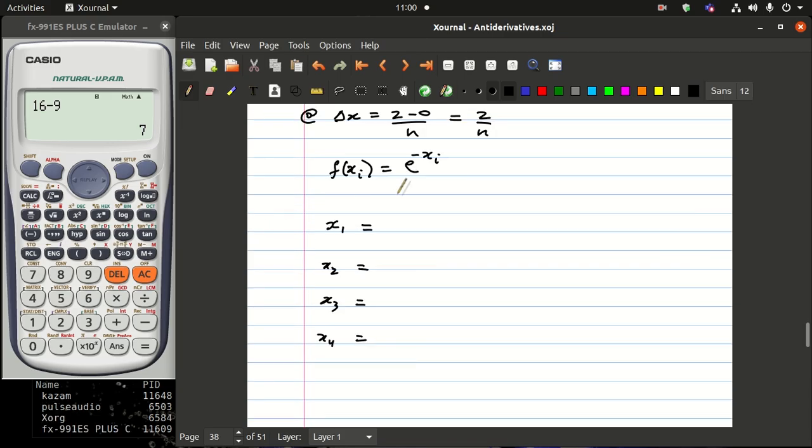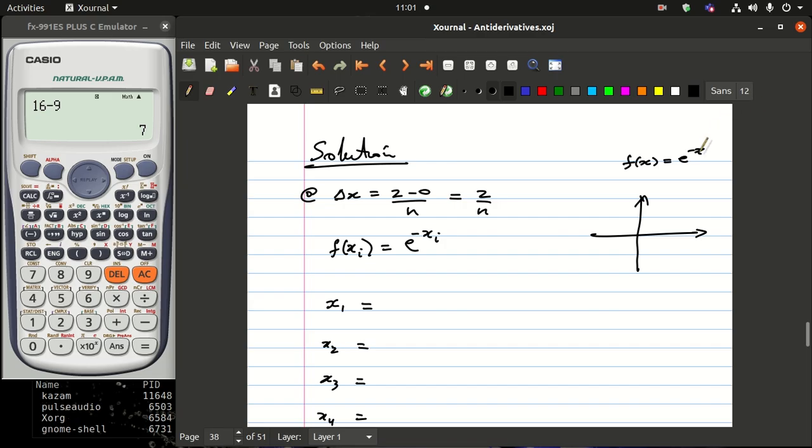Because on the y-axis we are starting at 0, we are going to have a function that looks like this. We have a minus, so it is actually decreasing like that. And of course 0 is here on the y-axis, and then x is equal to 2 is somewhere here. So we are looking for this particular area here.